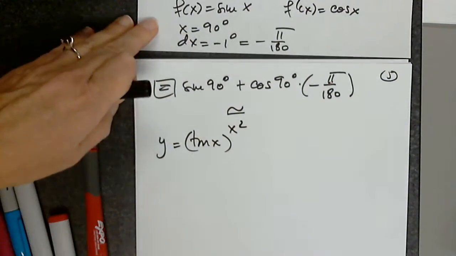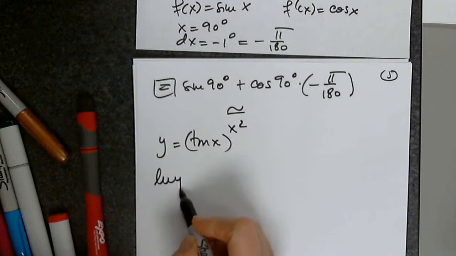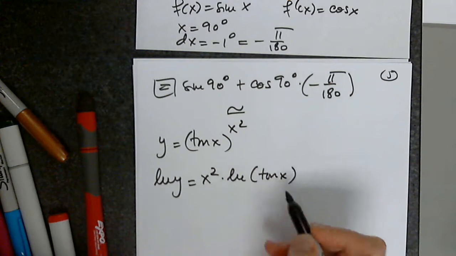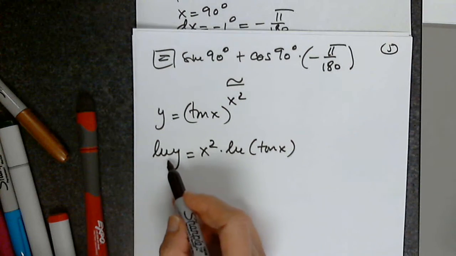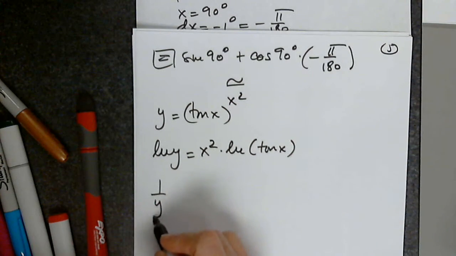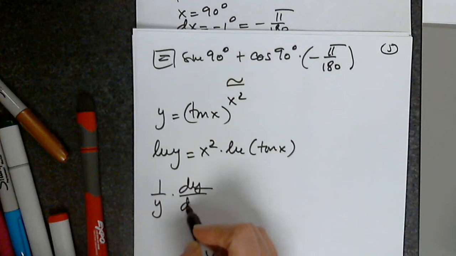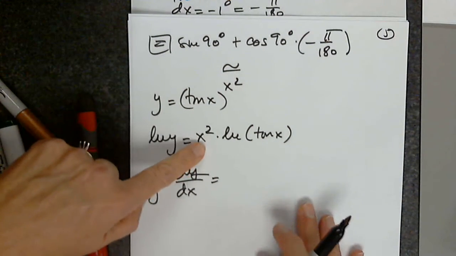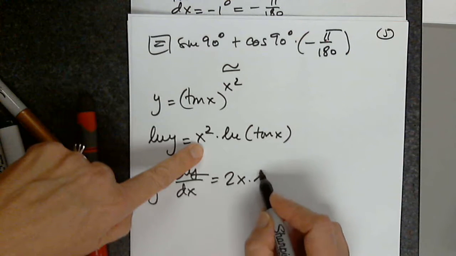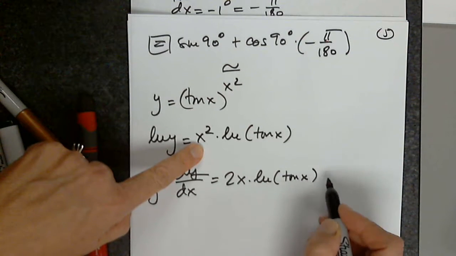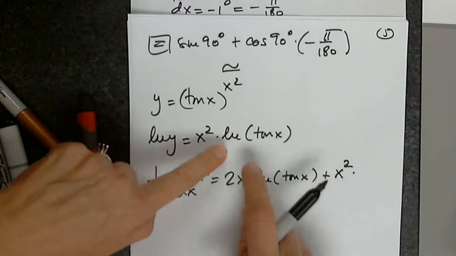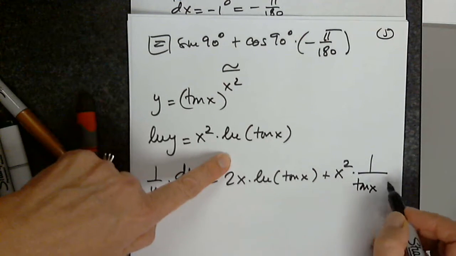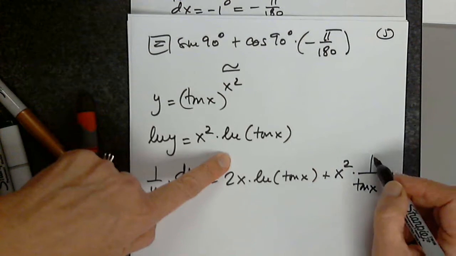Very good. So we have natural log y equals x squared times natural log of tangent x. So when I differentiate natural log y, I have 1 over y times dy over dx. And here I have a product of two functions. The first function prime is 2x times natural log of tangent x plus x squared, and I differentiate natural log, which is 1 over tangent x times secant squared.